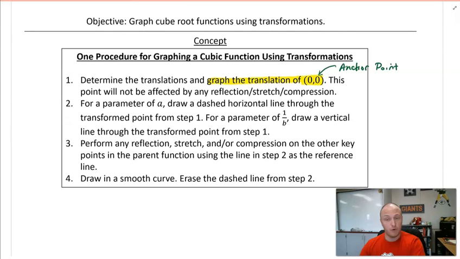Step 3, we're going to perform any of those that we need to. So if we have to stretch or reflect or compress, we'll use our knowledge of our parent function to plot the rest of the points. And step 4, draw a smooth curve through all the points. Make sure you include arrows on both ends because they are going to keep going forever. And then we'll erase our reference line.